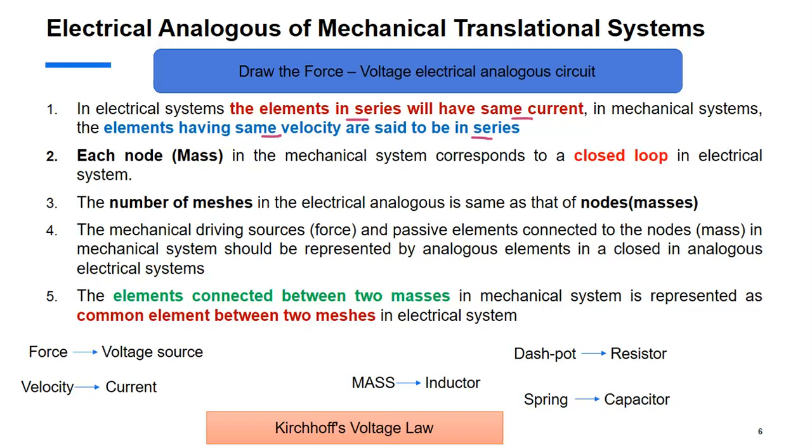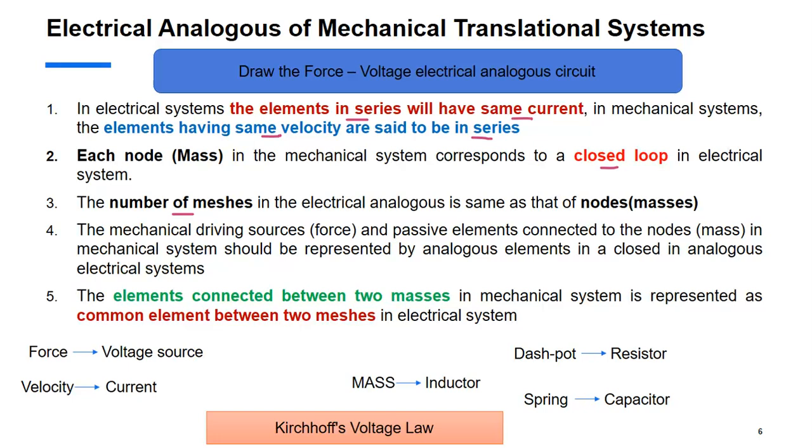Each node in the mechanical system corresponds to a closed loop in an electrical system. The number of masses in the mechanical system is equal to the number of meshes. And we have to consider all the elements in the mechanical system whose equivalent electrical analogous elements have to be represented.